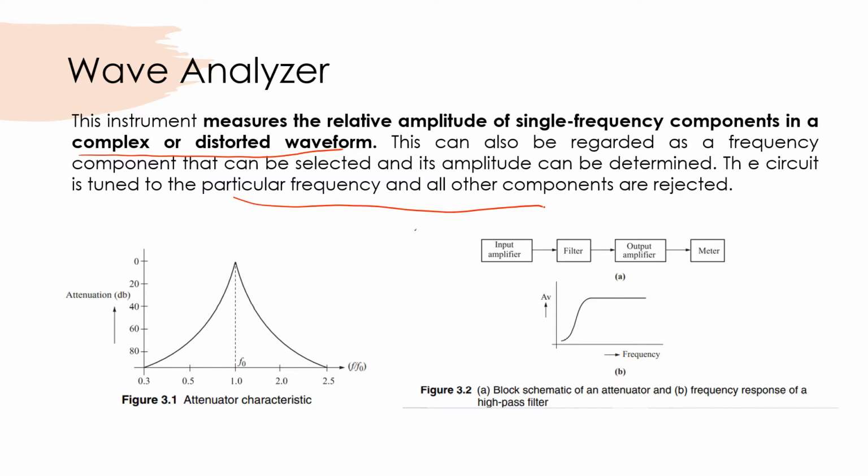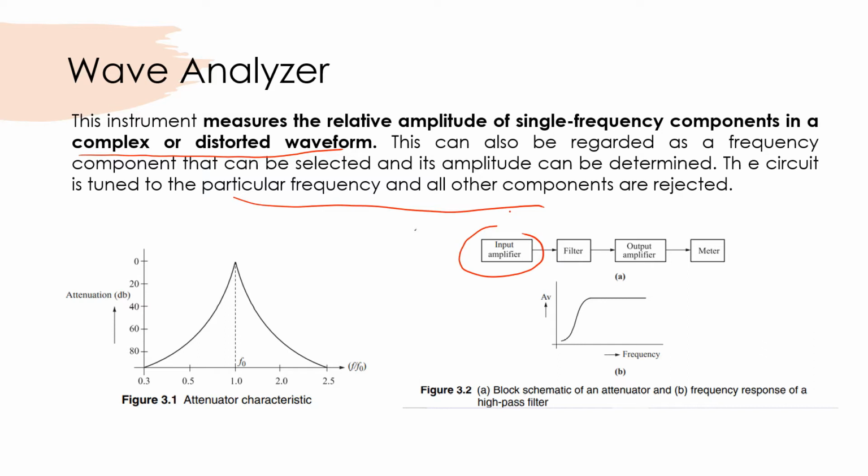If we have the signal to be analyzed in the wave analyzer, we first apply it to the input attenuator, and then the signal goes to the input amplifier or driver amplifier.